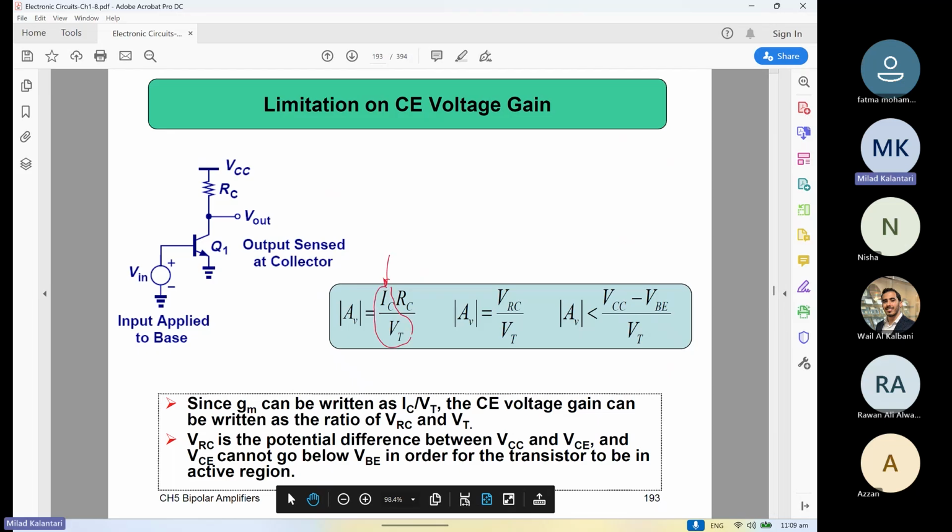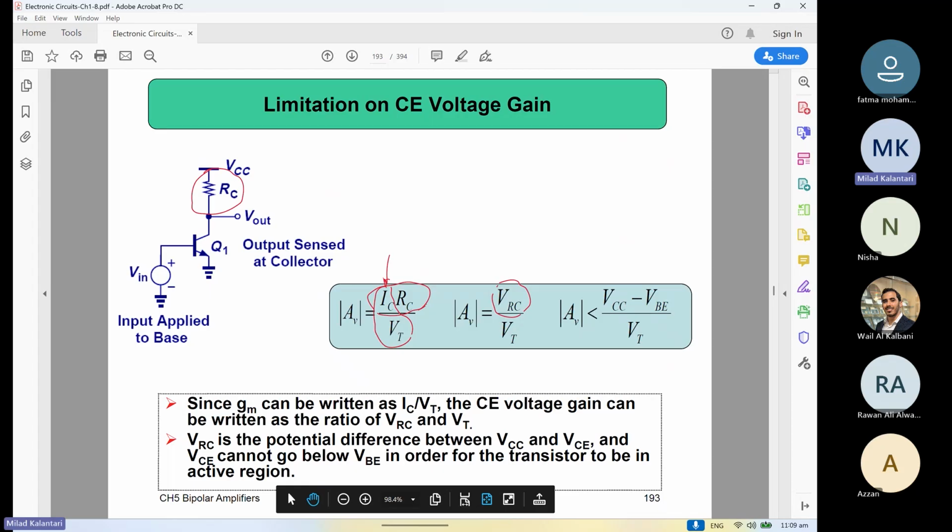It's describing the same thing. And you see this IC times RC is basically the DC voltage across the resistor. Is that clear? The IC RC is the DC voltage of this resistor.